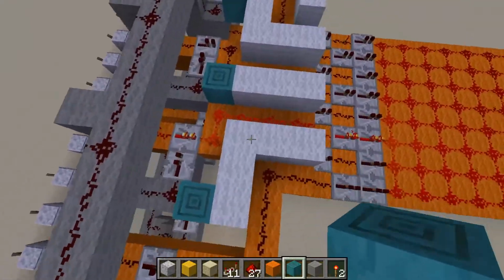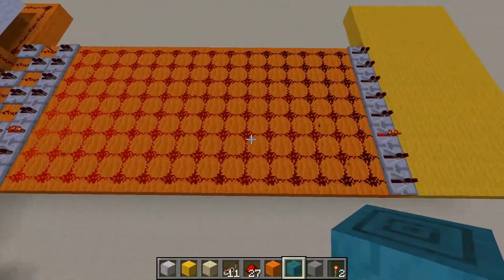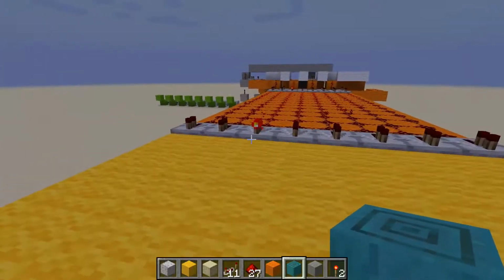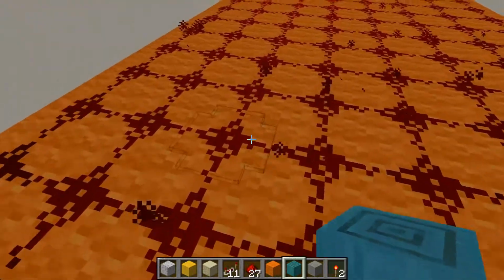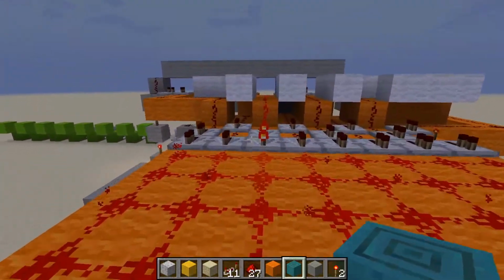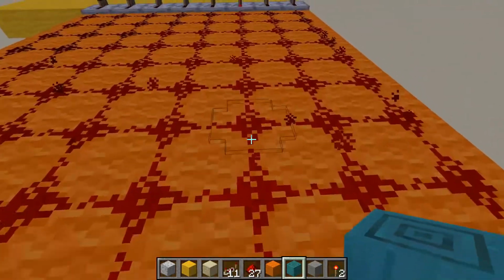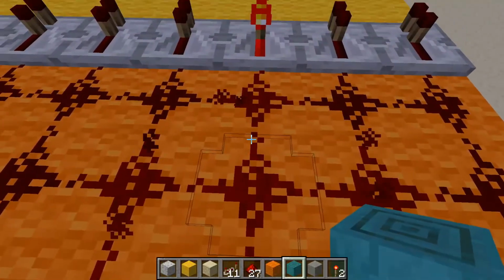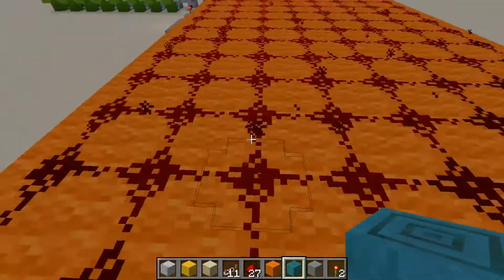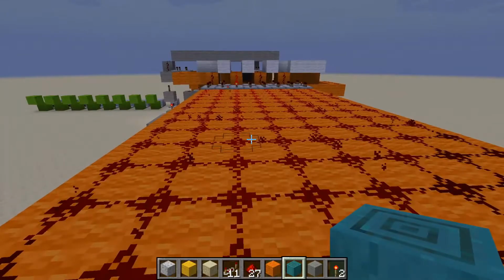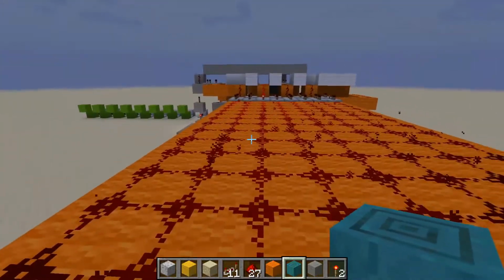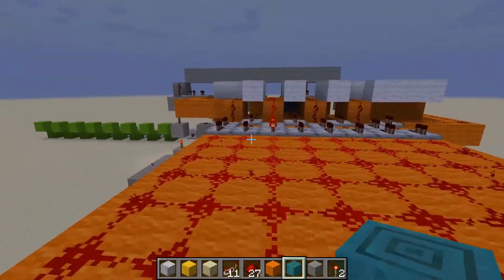This one routed here. And only this repeater is flashing, because this is 15, and with it spreading out, a signal strength of 15, I don't know what the measurement is.